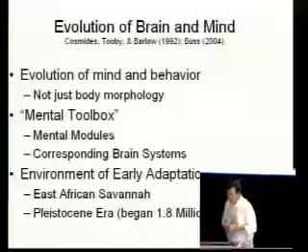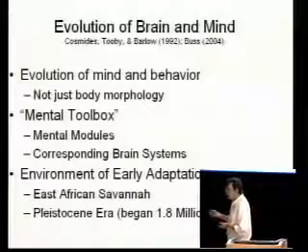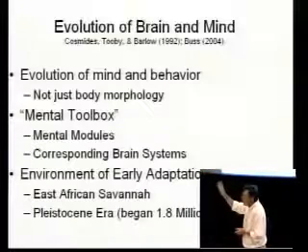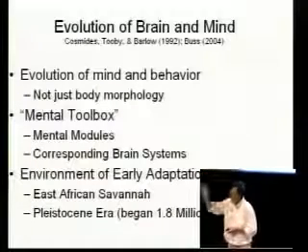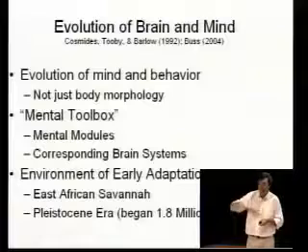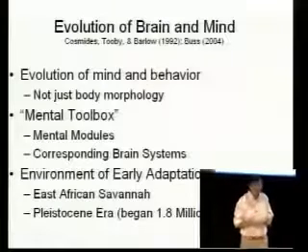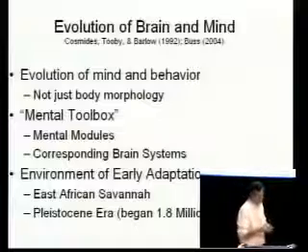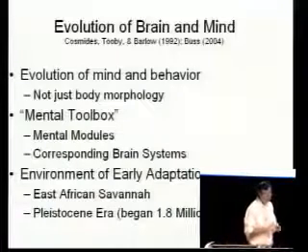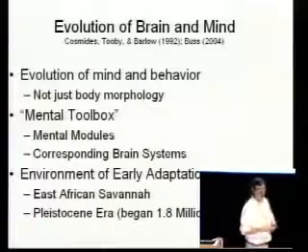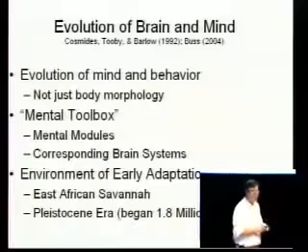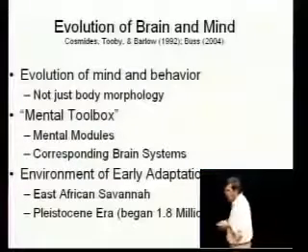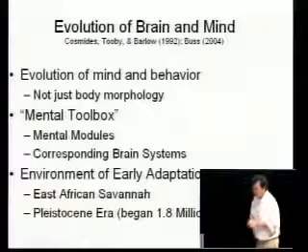The general idea is that these different specializations, a module that processes the speed of motion, a module that processes approximate mathematical computations or whatever, constitute a kind of mental toolbox which aided our adaptation to the environment as we were splitting off from our hominid ancestors.